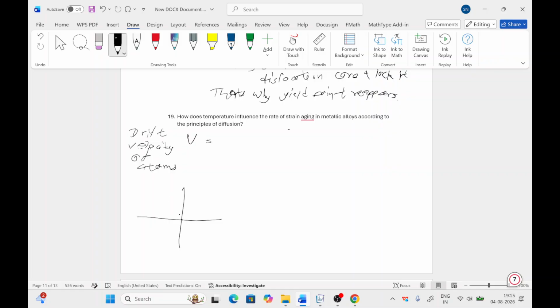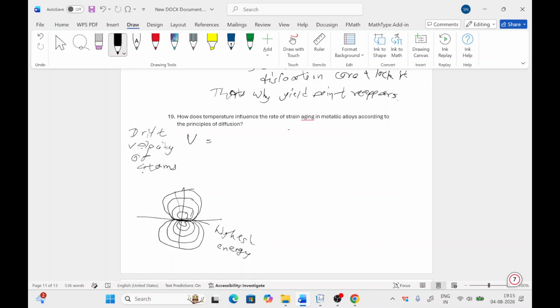This is the dislocation core, and this type of energy lines form at the dislocation. The circle which is very near to the dislocation core has the highest energy, and as we move away from the dislocation core, the energy decreases.